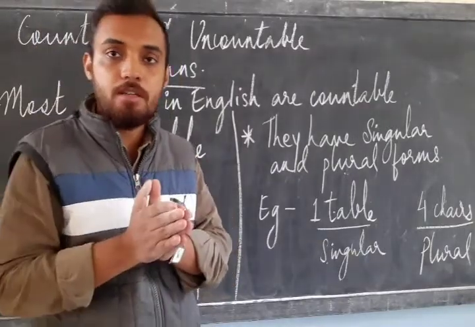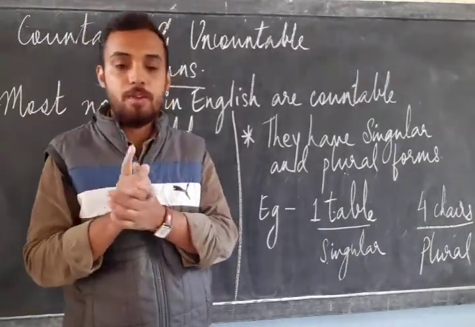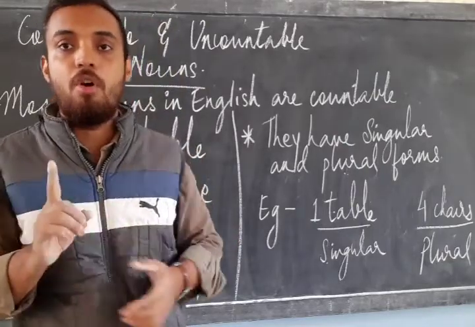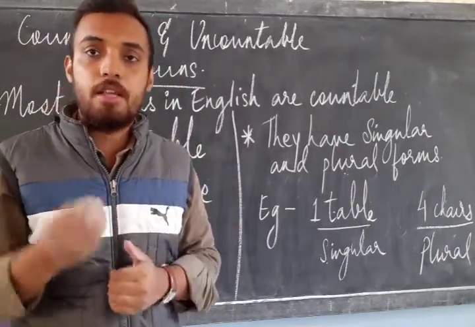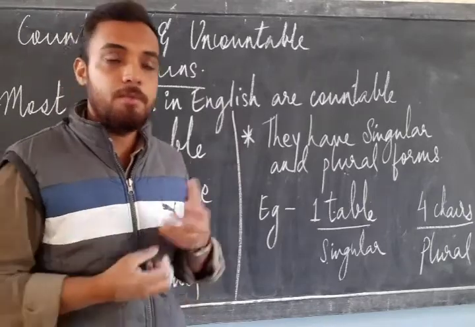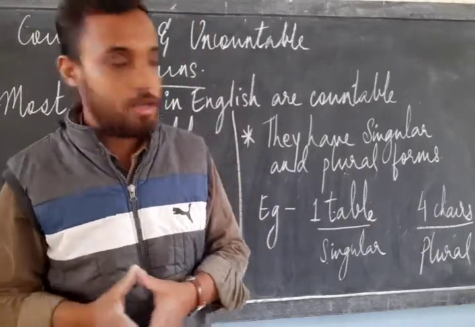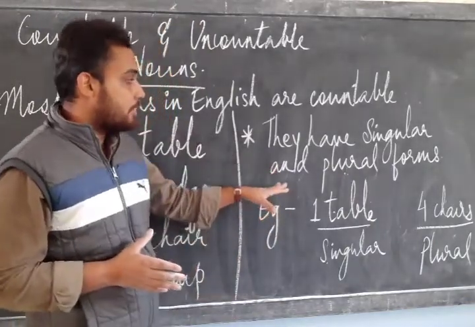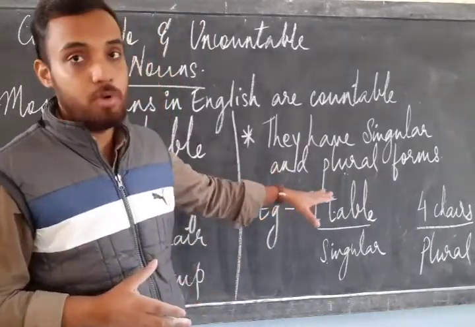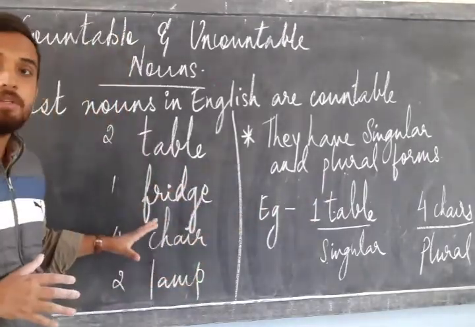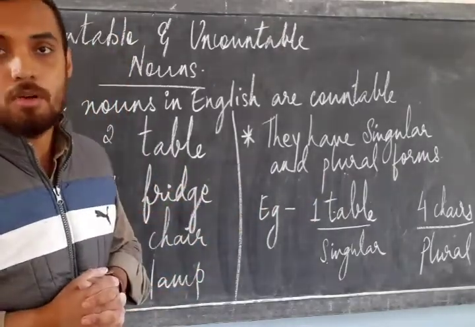When only one thing is present, only 1 table, 1 fridge or 1 bench, it is singular in form. The moment it becomes 4, 5, more than 1, it becomes plural. But don't forget that we have to use numbers for the countable nouns.